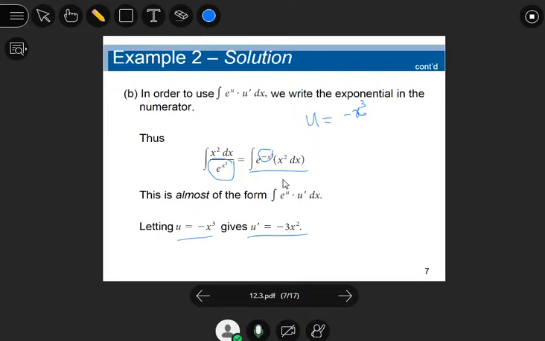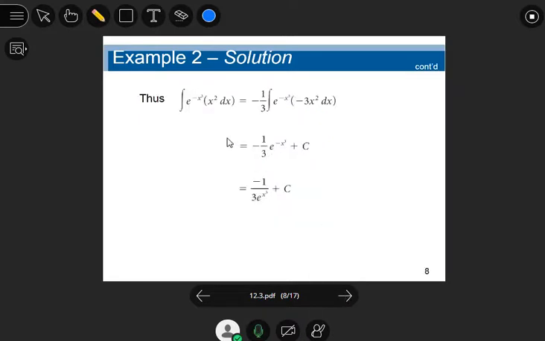But if you look at the original problem, you can see there is no 3x square, here you only have x square. So now I am going to fix this negative 3x square here. To avoid this negative 3, I divide the whole problem by negative 3. That is why I have multiplied this by negative 1 over 3. Now this is equal to this one.